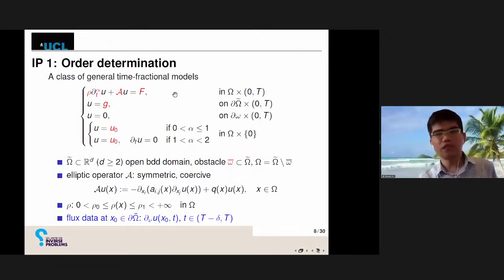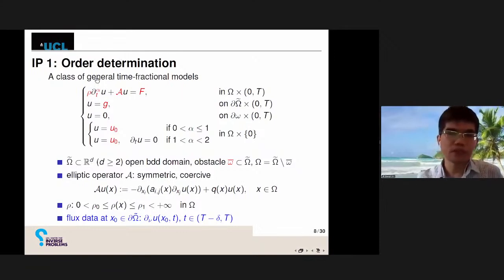Let me now turn to the first task. We try to figure out the order of this fractional derivative. We consider a fairly general class of time fractional models of this type. So we have this rho, which is the density, and some elliptic operator and the source term.